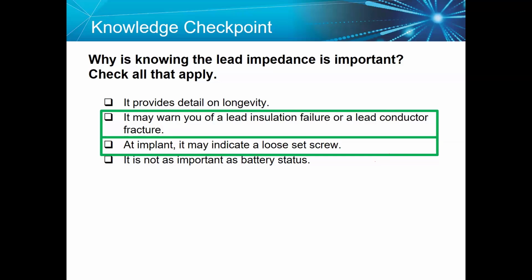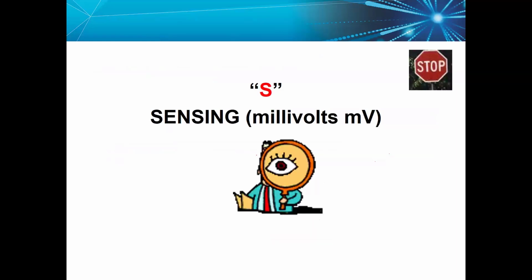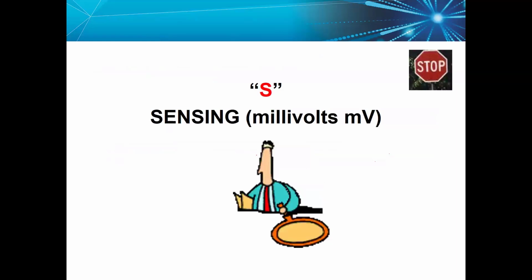It directly indicates that there is a loose set screw. After 1, 2, or 3 years a lead fracture may occur, but it's not in the acute setting. And we finish presenting risk, battery status, and lead impedance.